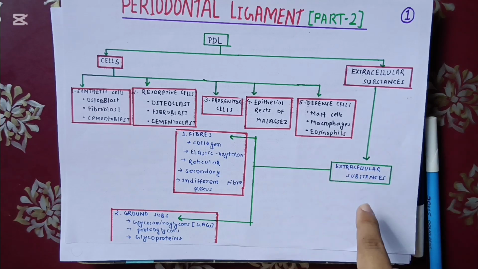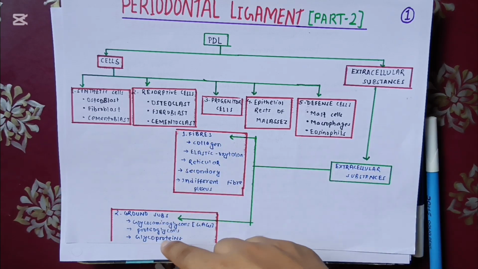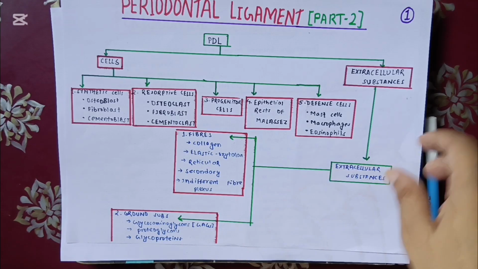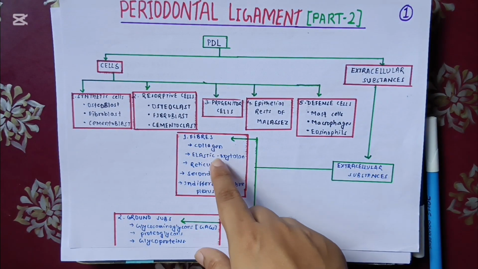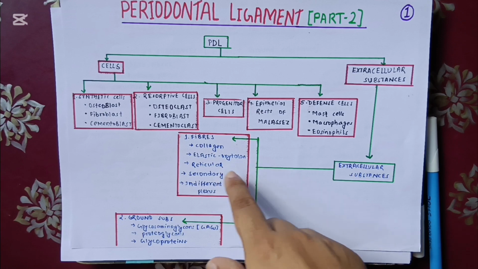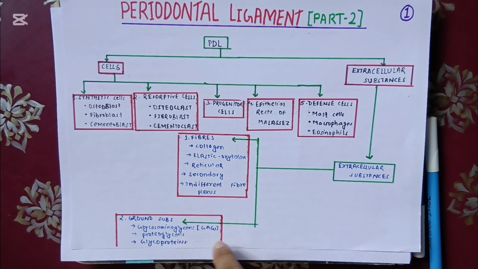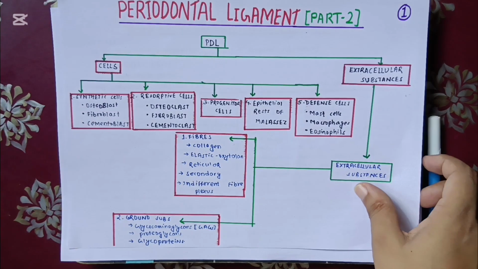In these extracellular substances we have two major components: one is fiber and another is ground substance. In the fibers we have collagen fiber, elastic and oxytalan, reticular, and secondary indifferent fiber plexus, and in the ground substance we have glycosaminoglycans, proteoglycans, and glycoproteins. I think you remember it.